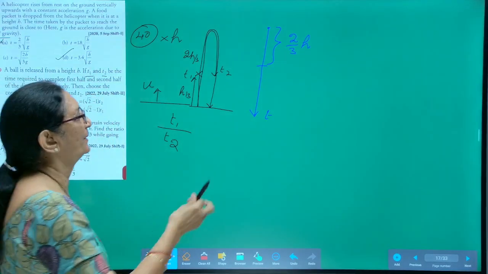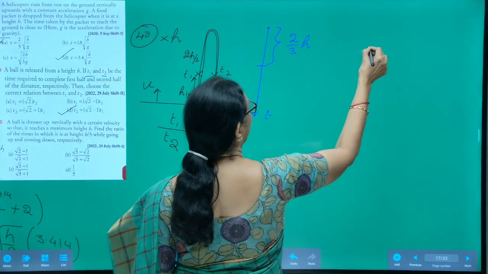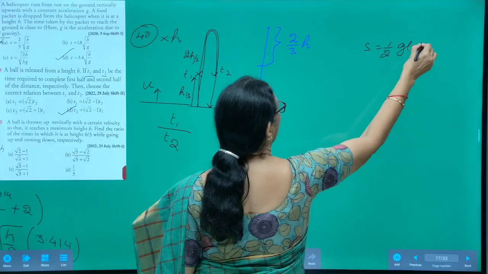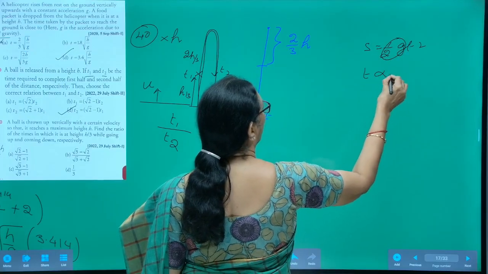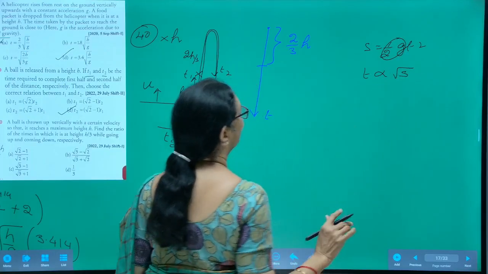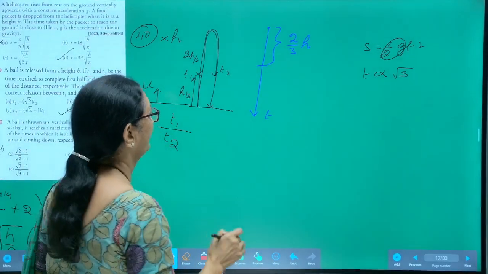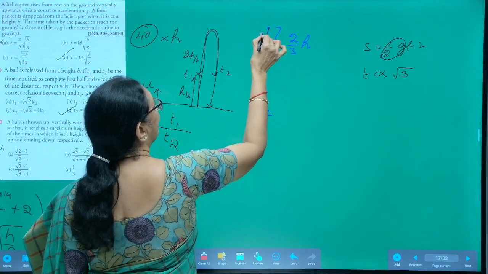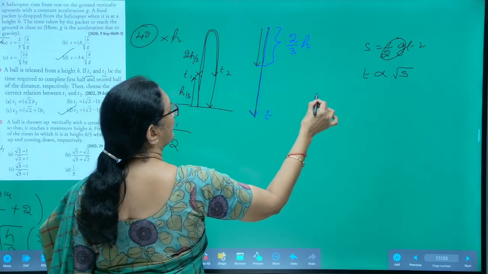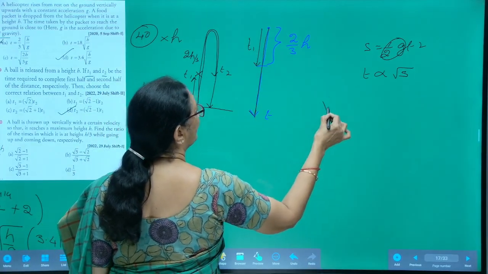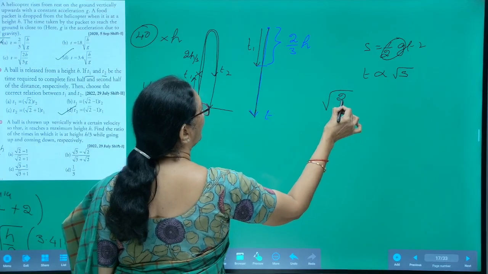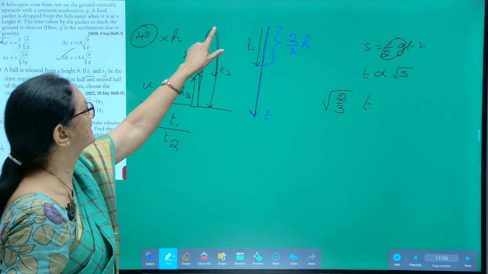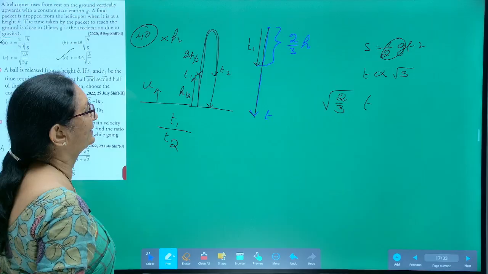See, in the previous problem we have seen, in case of freely falling body, s is half gt square from which t proportional to root s. So follow me very carefully. If total time of free fall is t, the time for this distance, if you take it as t1, will be root 2 by 3 times t.